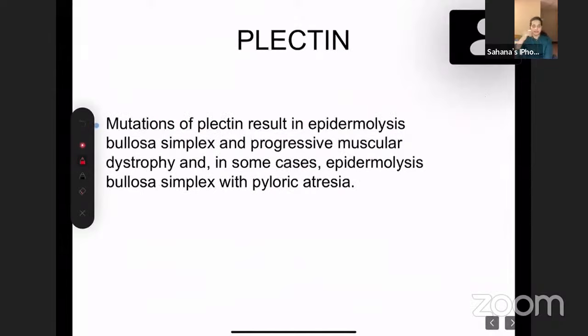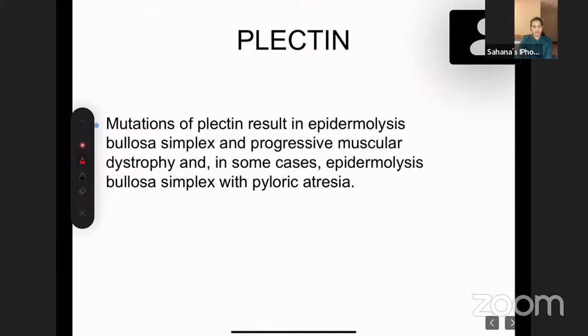Okay, so plectin. All of them are basically structures, and mutation of each one of them causes a particular group of disorders. Most commonly, like I said, the disorder which comes out of any defect in the dermoepidermal junction is epidermolysis bullosa. There are a lot of types of epidermolysis bullosa, which I'll be talking about later.